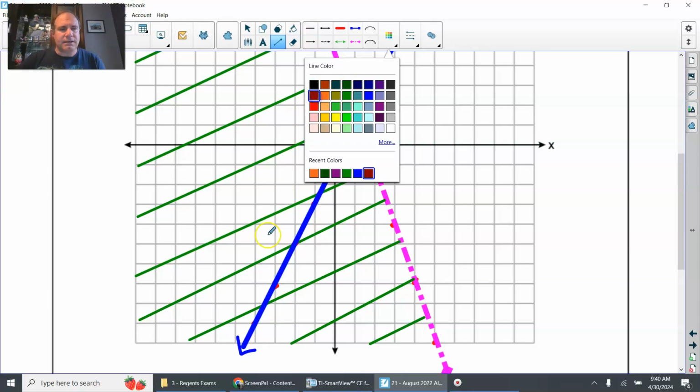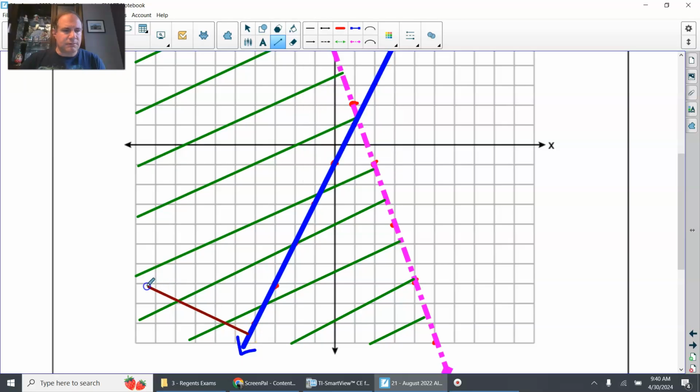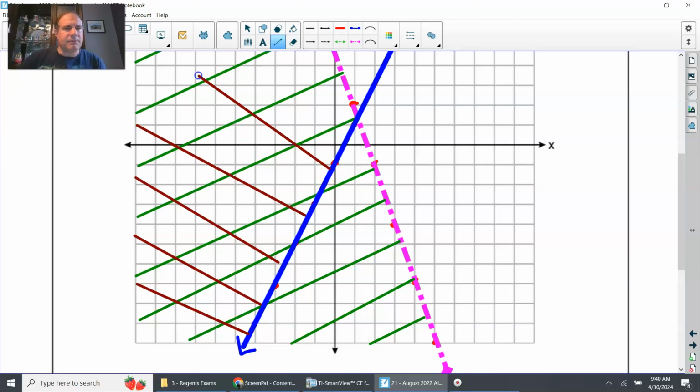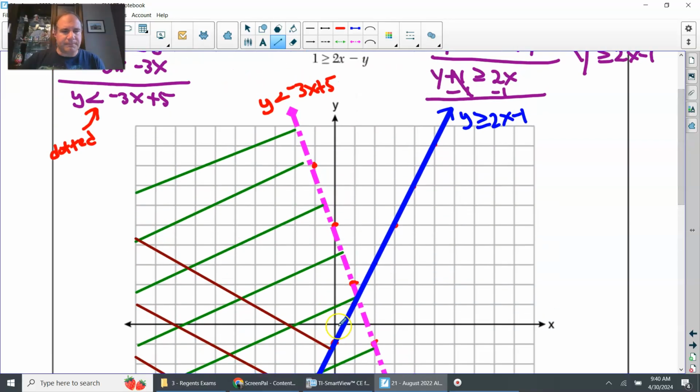So I'm going to put that in a darker color, and you see the double shaded area. In that double shaded area, you're going to put a giant S for solution.